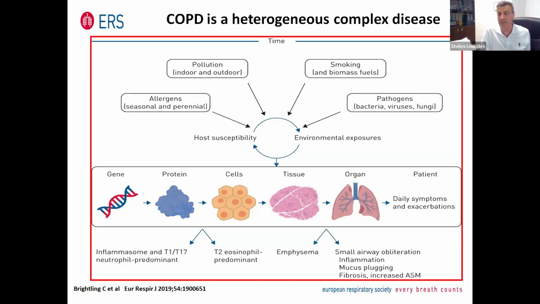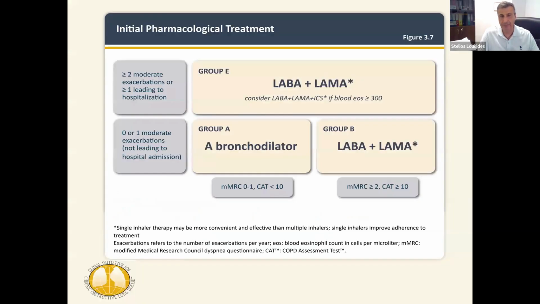And also we have the involvement of the small airway obliteration, the inflammation, the mucus plugging, and of course the fibrosis and the increase of airway smooth muscle. So by mentioning all these factors, just to clarify that it is quite difficult for the COPD patient to optimize inhaler therapy to a very great level.